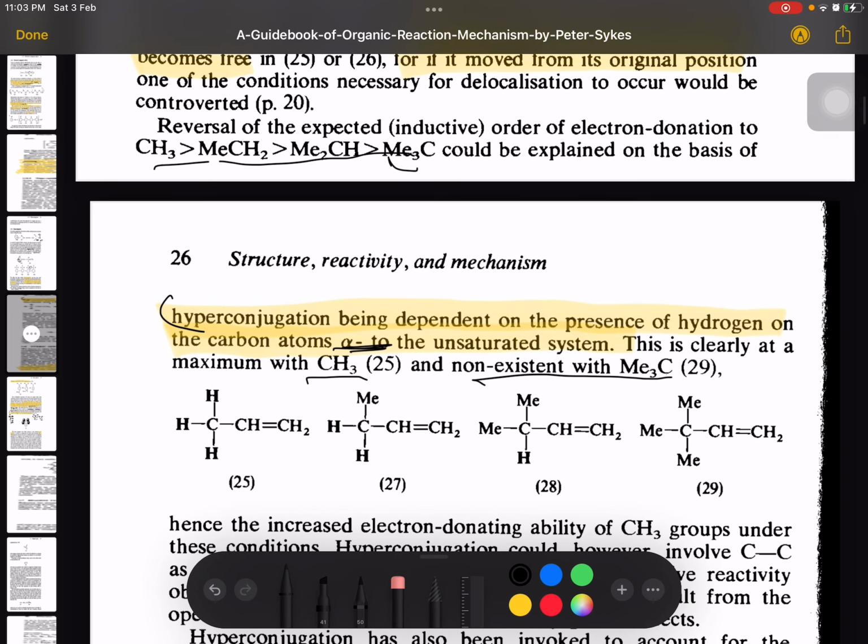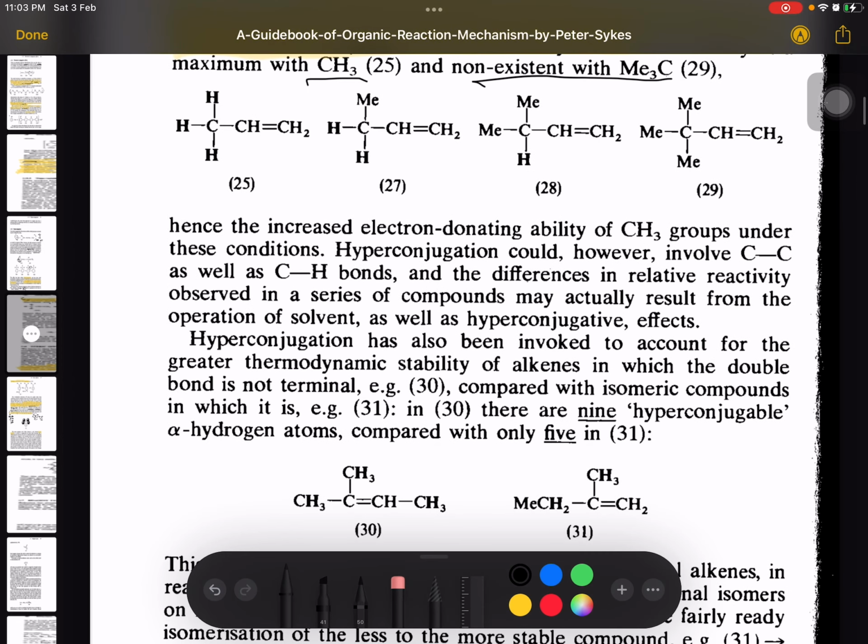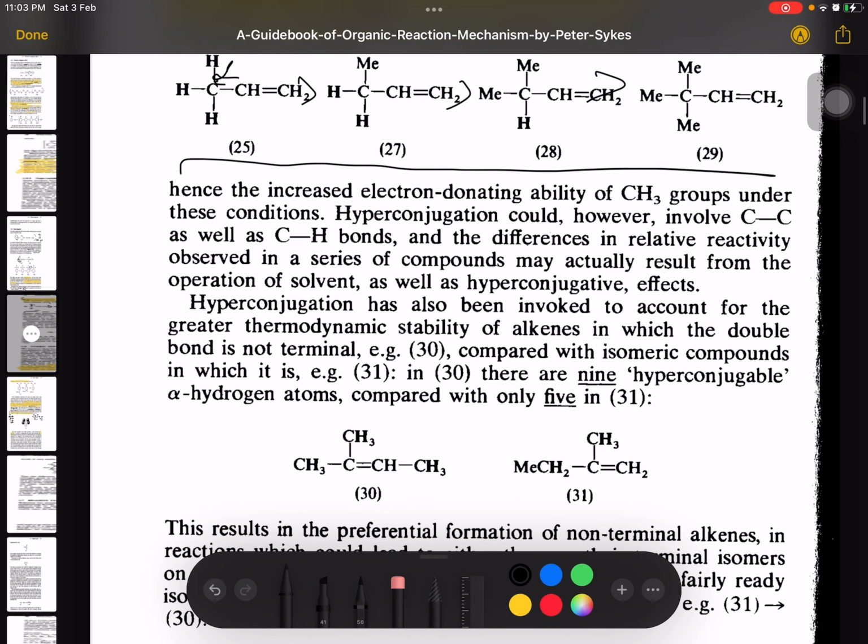When it's joined there to the carbon, this is the alpha carbon. You can see over here, this is the alpha carbon. So it's increasing like this, hence the increased electron donating ability of CH3 groups under these conditions.